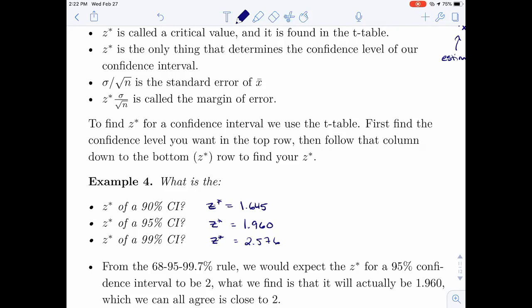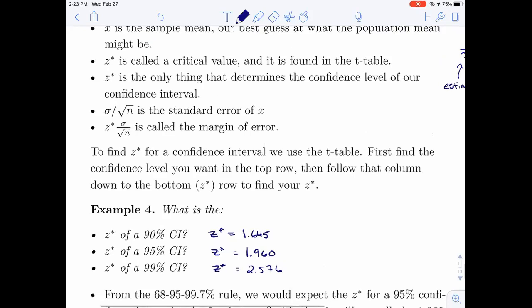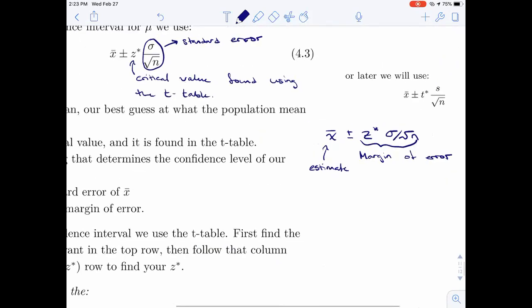We know that if we want a 95% confidence interval, the central 95%, we would do plus or minus 2 standard deviations. This is the same, because what we're doing, I'll do this one because it's cleaner.